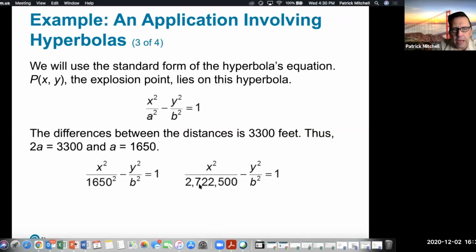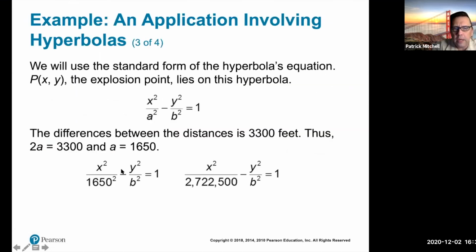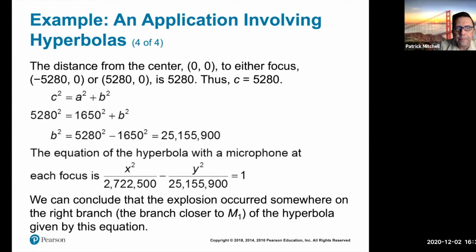All right, so going back to the PowerPoint. So now we know a is 1,650. So the equation of the hyperbola has this form, or if you actually square out the 1,650, you get this. So now all we have to do is figure out b, and we're going to do that by using the foci. The distance from the center to either focus is 5,280, which means c is 5,280.